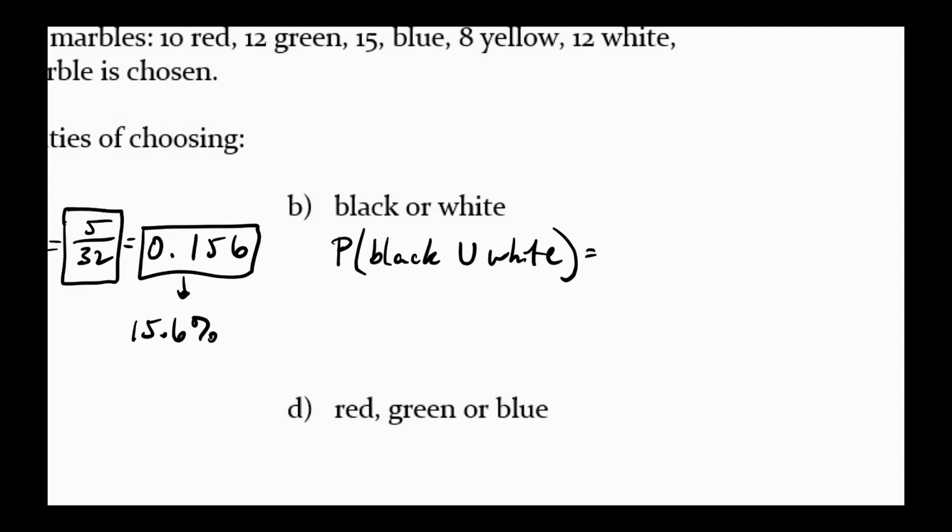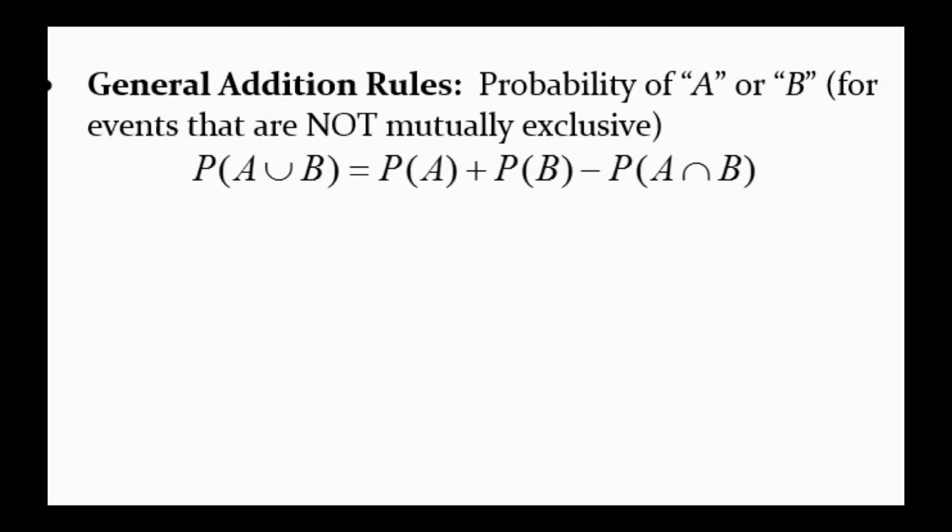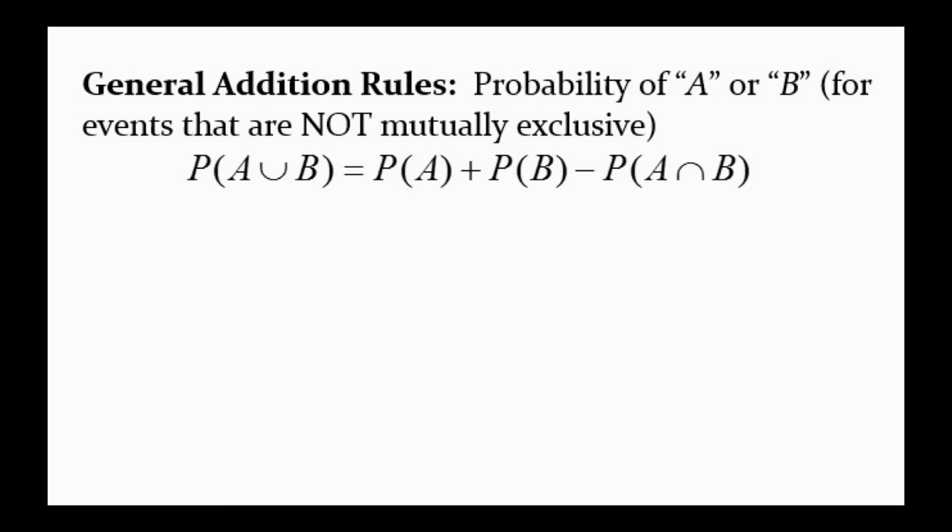A U means or. Well, hey, that one looks familiar. This symbol looks familiar. Don't I have a formula that goes with that? Right there. So the probability of one plus the probability of the other, subtracted any overlap.